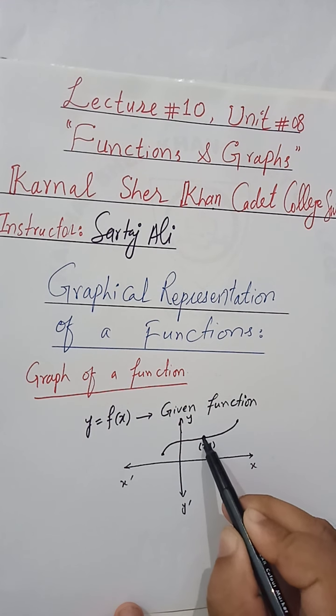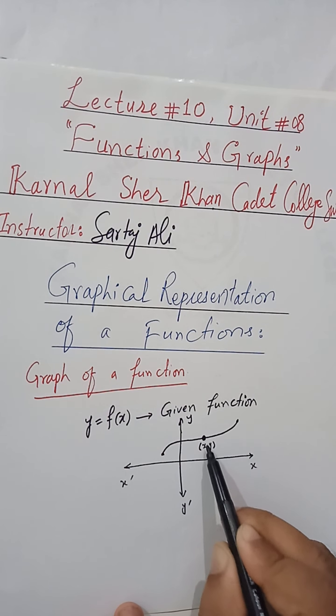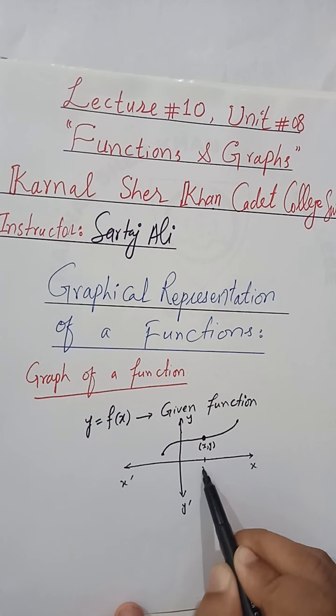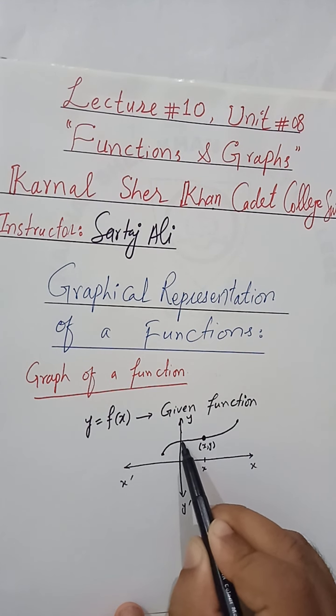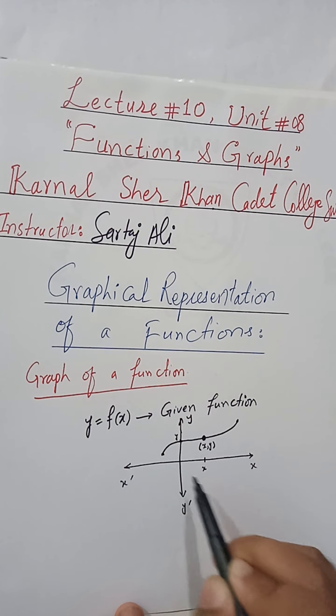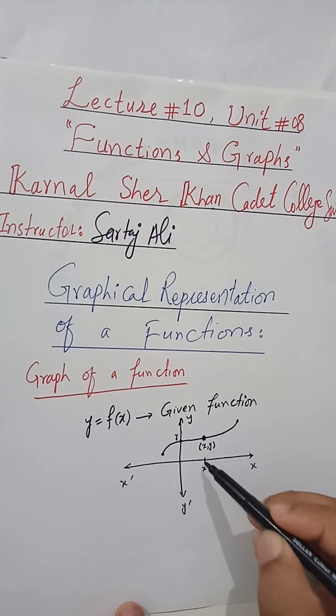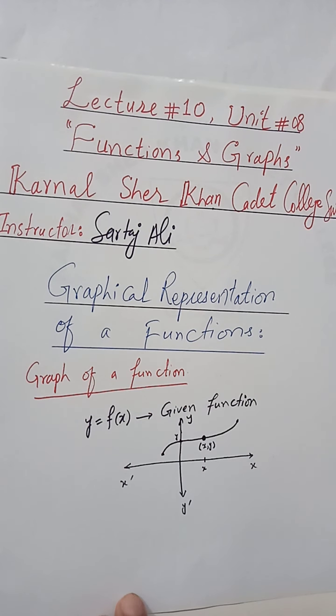It means that for the location of this point, for the position of this point, we have an ordered pair because this point lies in a plane. So this ordered pair shows that the distance of this point on the x-axis is small x units, and on the y-axis the distance is y units. It means this point is x units away from the y-axis and y units away from the x-axis.